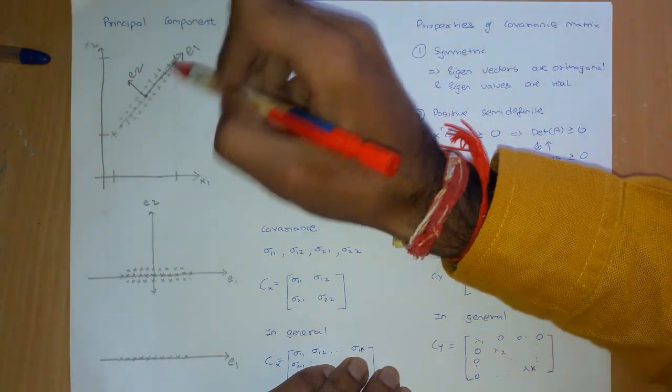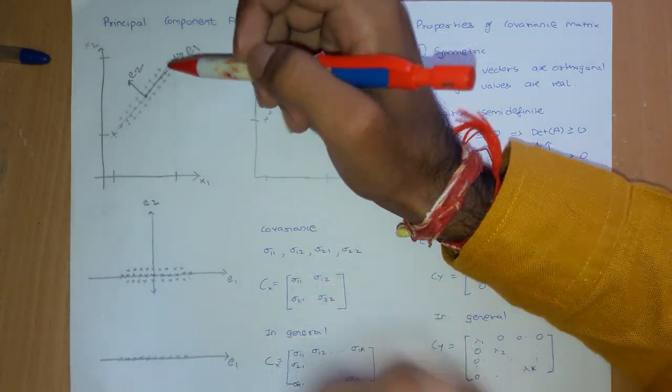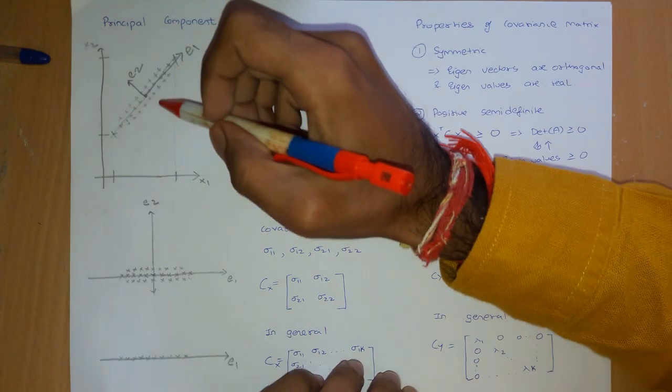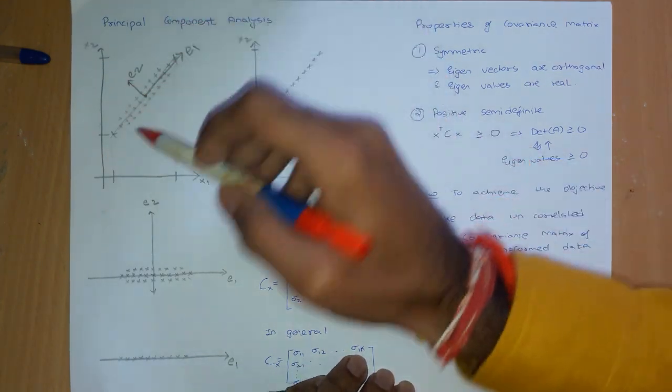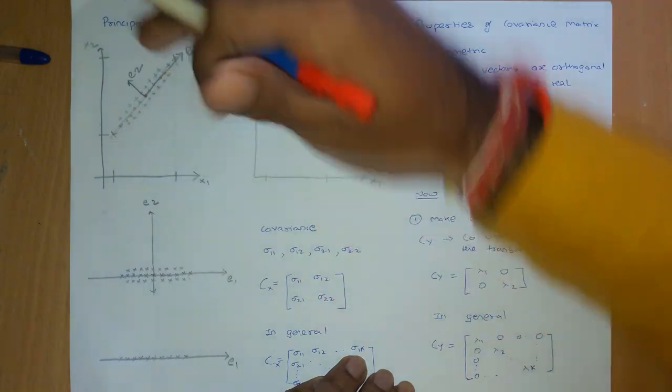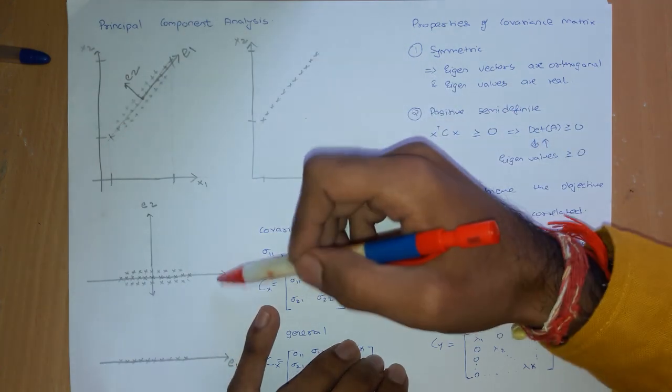So this was my original data that I had. Now I will do some transformation that we will see in the mathematical proof. With that transformation, the data which was like this will now become like this. So you can see here the axes have changed.